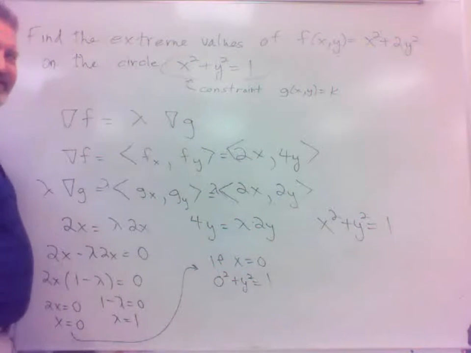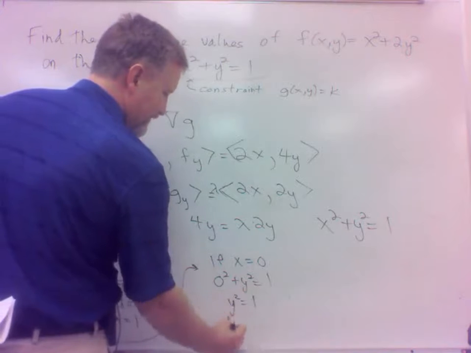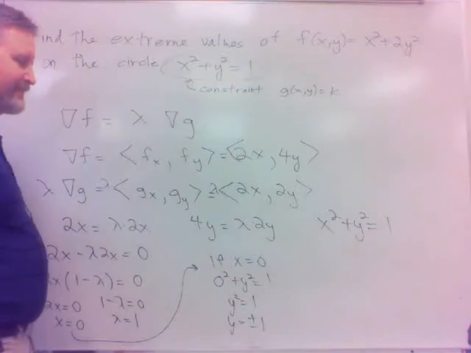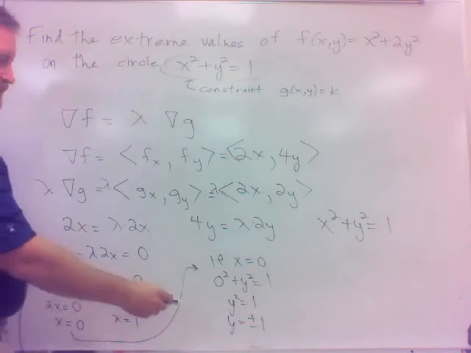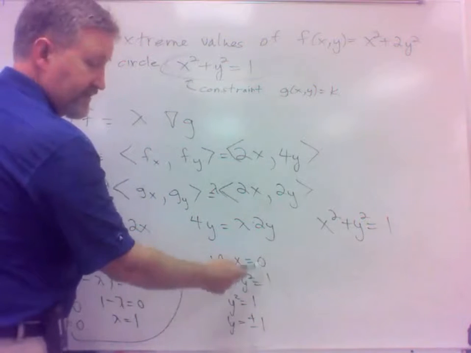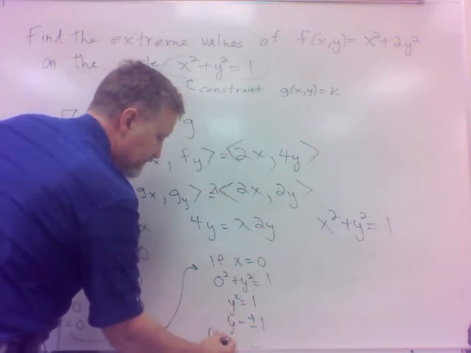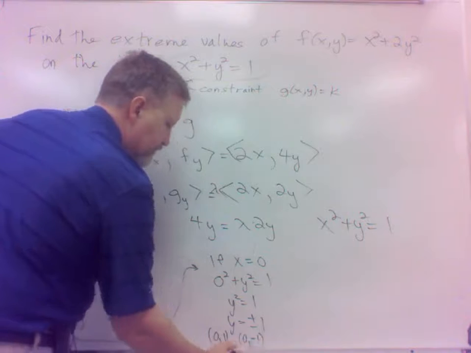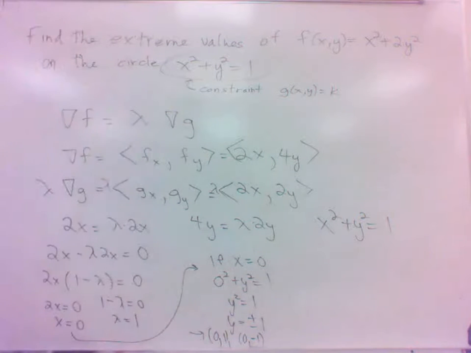What have I got? y squared equals 1, so y would either be plus or minus 1, right? So that gives us two values there to check. So remember those.